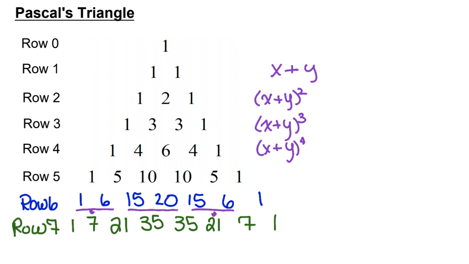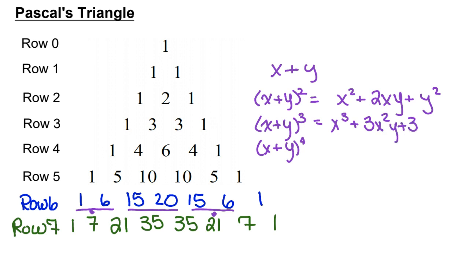The reason why I'm saying it's representing this is because if we were to expand these out, we'd get x squared plus 2xy plus y squared. You can expand that out on your own if you want. x plus y cubed is going to be x cubed plus 3x squared y plus 3xy squared plus y cubed.